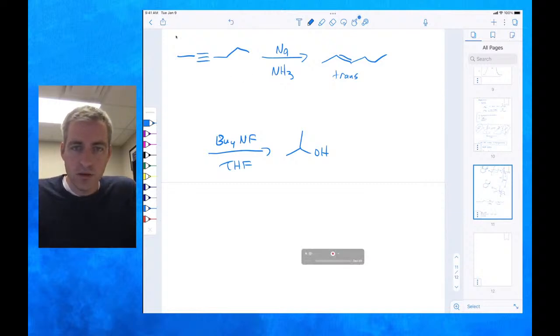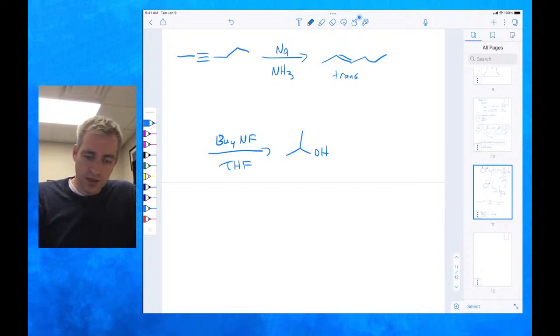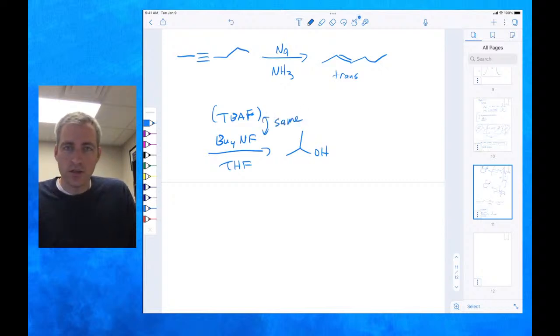So these conditions, by the way, there's a couple of different ways we sometimes write them out. Another way we sometimes write this out is as just TBAF. TBAF is tetrabutyl ammonium fluoride. So these are the same thing. These are conditions that we would use to deprotect a silyl ether.